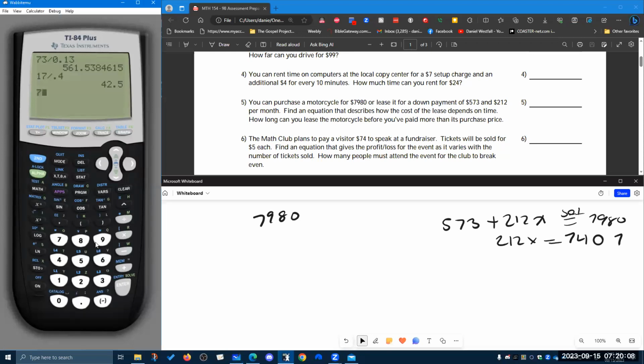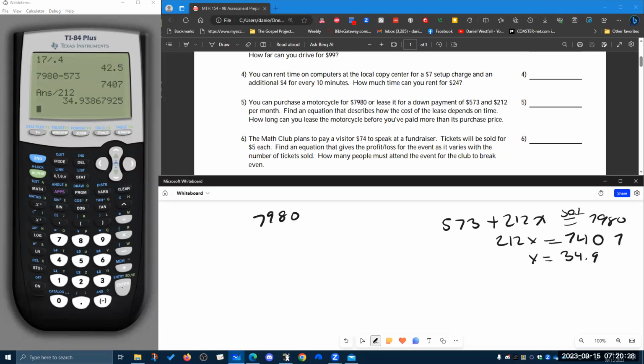Let's just check that, make sure that I did that right in my head. $79.80 minus $573 is $74.07, and we're going to divide that by 212. We're going to get that X is equal to 34.9. It's just about 35 months here.